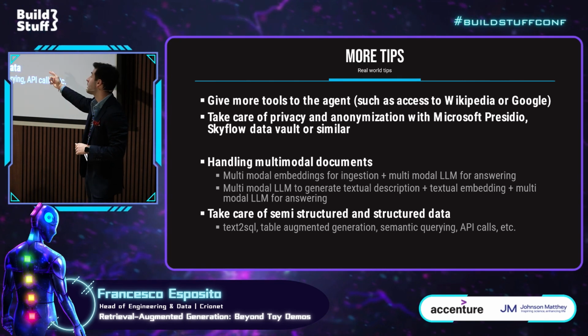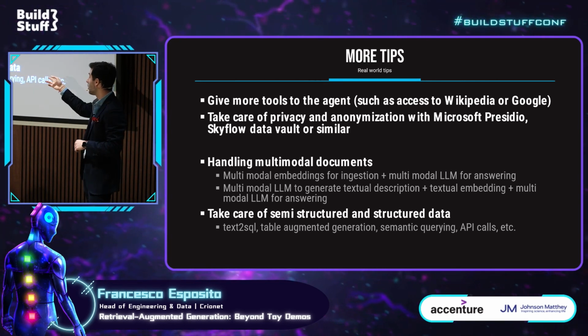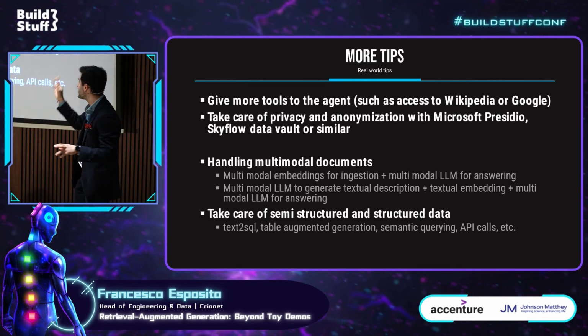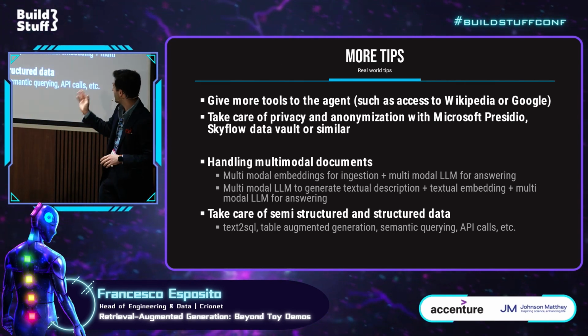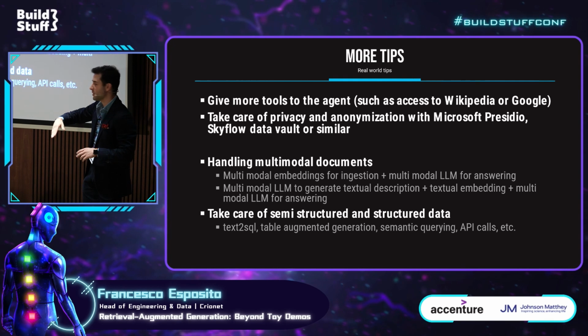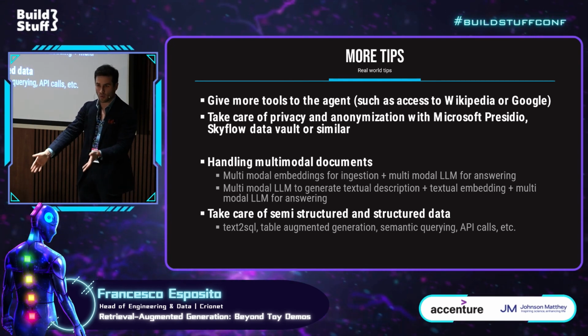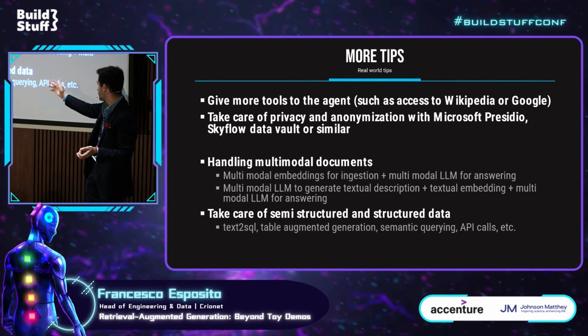Handling multimodal documents can be done in two different ways. One is using multimodal embedding for ingestion, and then using a multimodal LLM, and every LLM nowadays is multimodal, for answering.